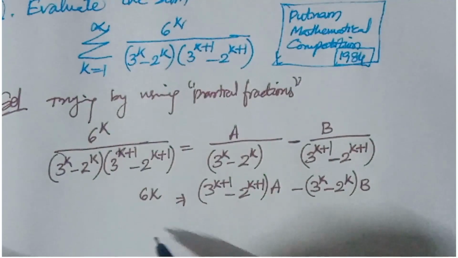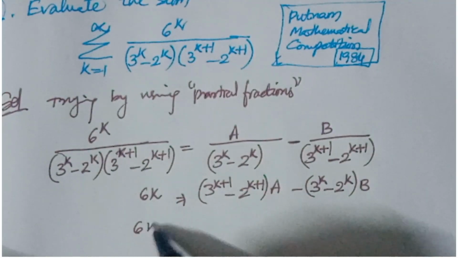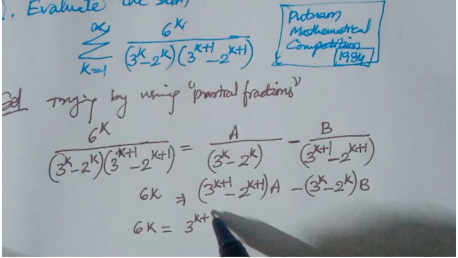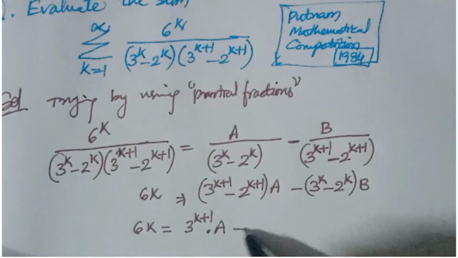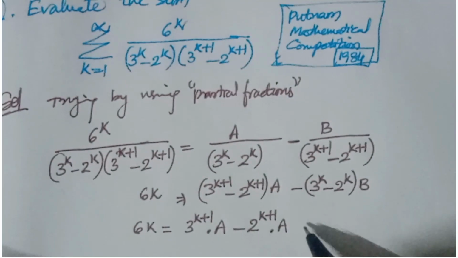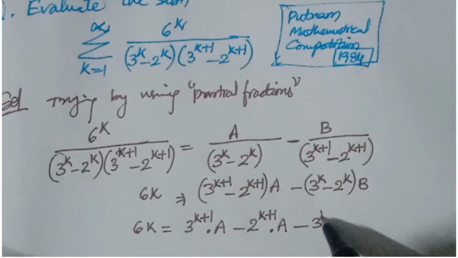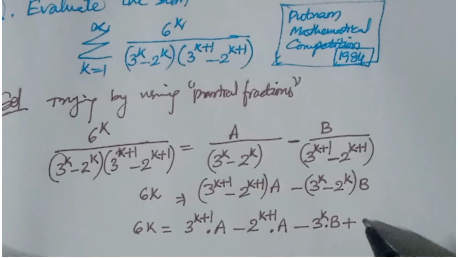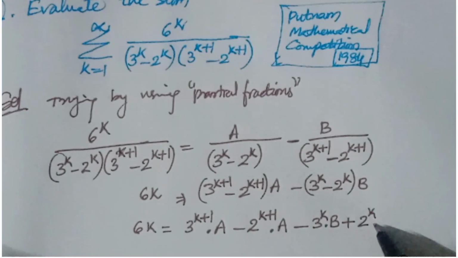So here, 6^k is equal to 3^(k+1) into A minus 2^(k+1) into A minus 3^k into B plus 2^k into B.